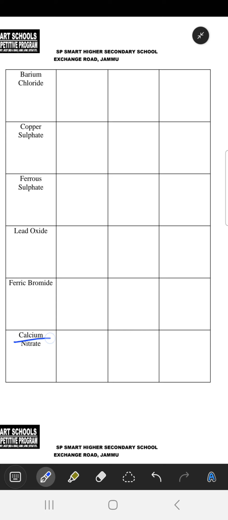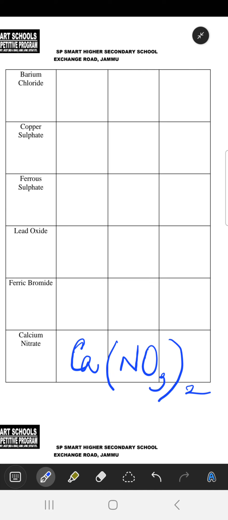Next we have calcium nitrate. For the calcium, we have Ca2 positive, and for the nitrate, we have NO3 negative. Combining these two, what we get is Ca(NO3)2, which is called calcium nitrate.